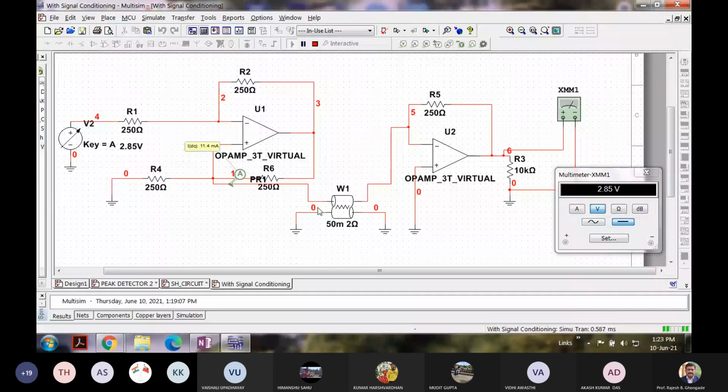This is what I had designed for demonstration purposes. So this is the voltage to current and current back to voltage. Whatever is the voltage here, you can see here 2.85 volts. Now if it is decreased, I can have it back as 1.5 volts. So this is the demo for V2I and I2V converters.